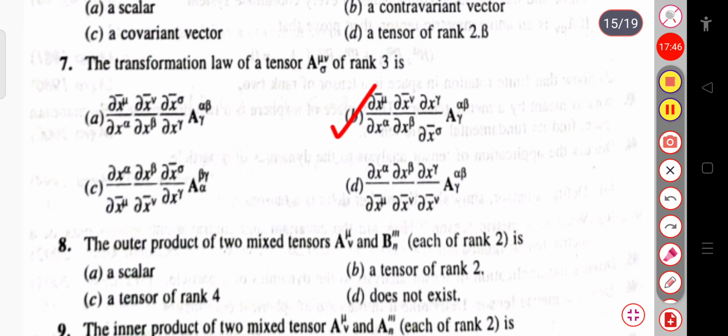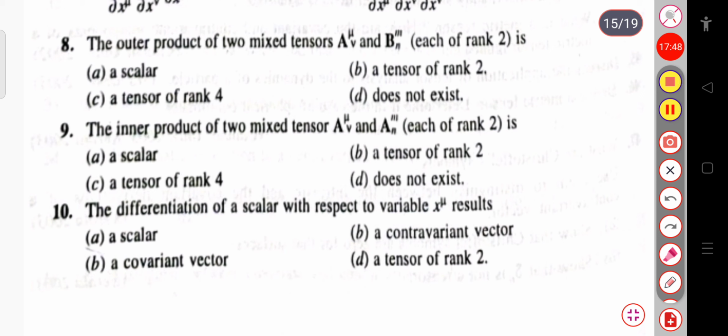Now the next question is the outer product of two mixed tensors A mu nu and B lambda sigma, each of rank 2, is a scalar or a tensor of rank 4 or a tensor of rank 2 or doesn't exist. You can see here this is your 2 and this is your 2. So that will be a tensor of rank 4. Then the next is the inner product of two mixed tensors A mu nu and A lambda sigma, each of rank 2, is a scalar or a tensor of rank 4 or a tensor of rank 2 or doesn't exist.